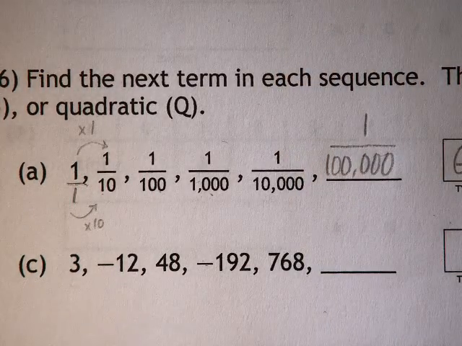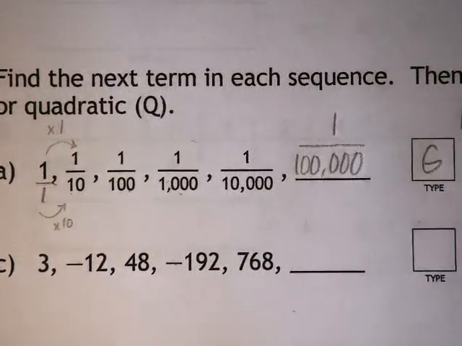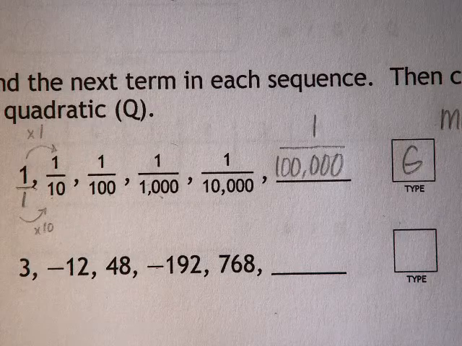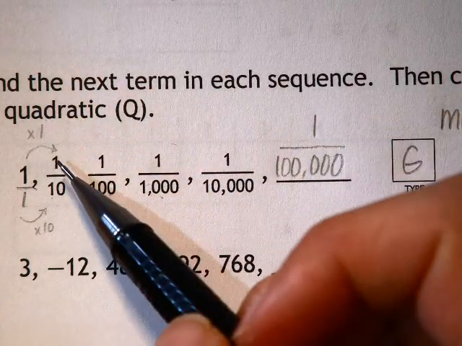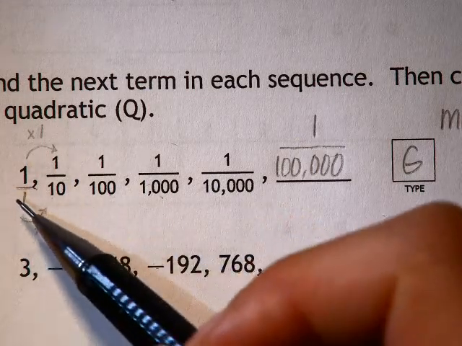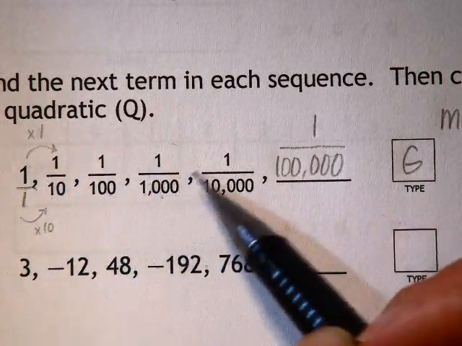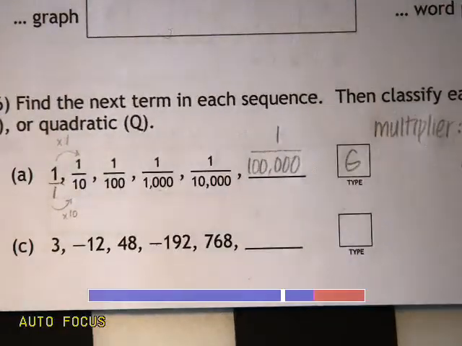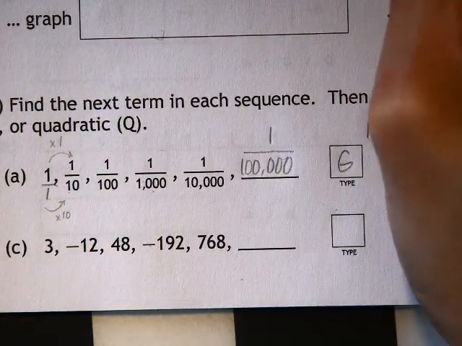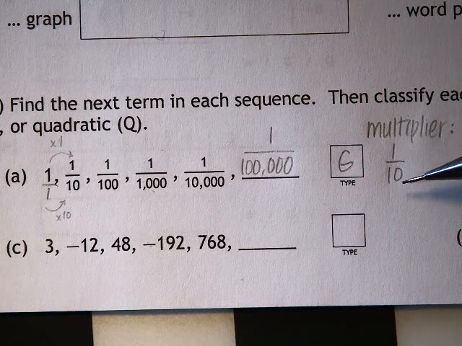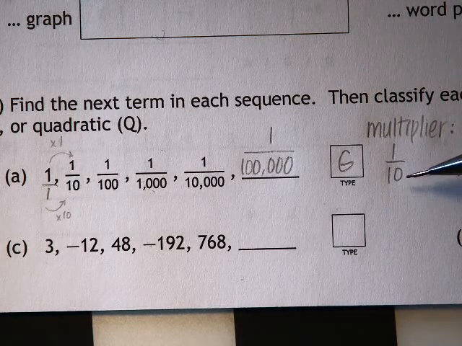But I want to make sure I'm clear, the multiplier isn't actually 10. And you might be thinking, wait, of course it is, Herbert, what are you talking about? Technically, 10 is the multiplier of the denominator, but the entire sequence has a numerator as well. So we actually say that the multiplier for this sequence is 1/10, because the numerator's multiplier is 1 and the denominator's multiplier is 10.